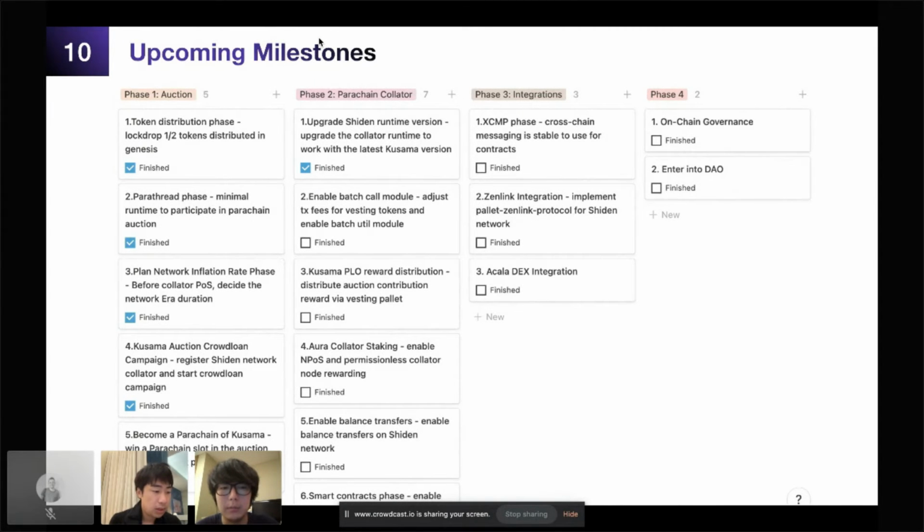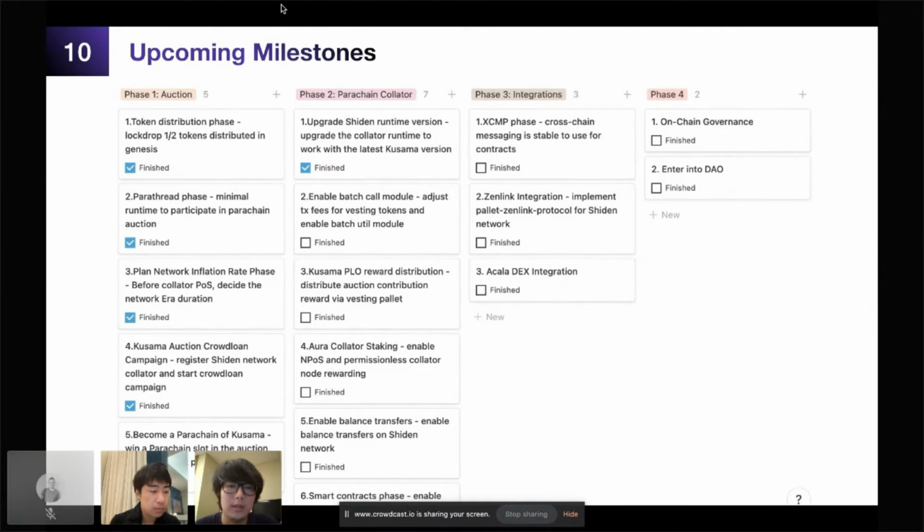Phase 1 is about the auctions, preparing the auctions, getting the crowdloan campaign running, and obtaining a slot on the Kusama network. And thanks to our community and our developers, we have finally finished phase 1, and now we are ready to move to phase 2.